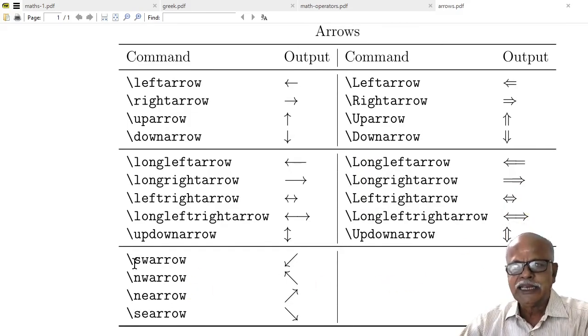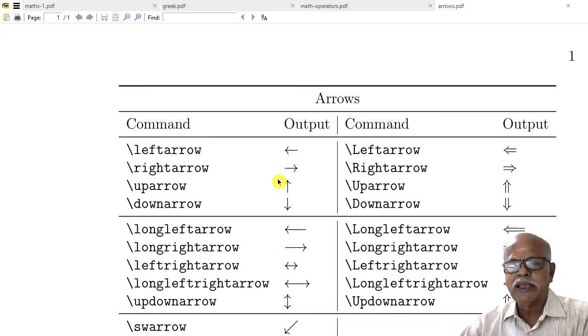Then here we have a set of four arrows. Are you able to follow this? SW arrow means southwest arrow, northwest arrow, northeast arrow, southeast arrow. Remember, mathematical operators and arrows work only in math mode.